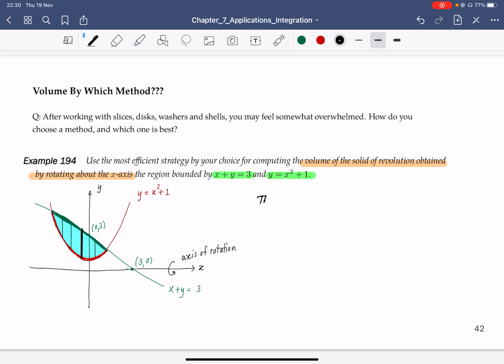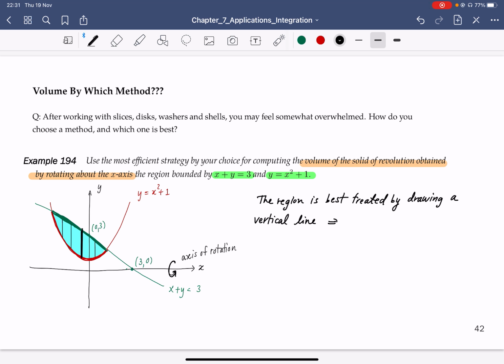So if you do the vertical line, it is better. Well, I'm going to note here that the region is best treated by drawing a vertical line. Which means if you want to do a vertical line, it's going to be perpendicular to the axis of rotation.